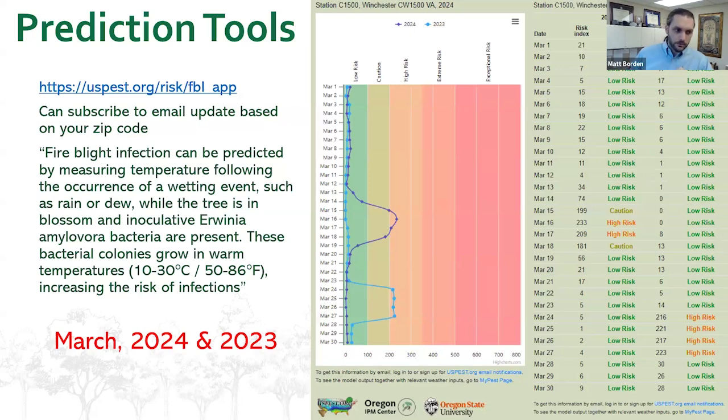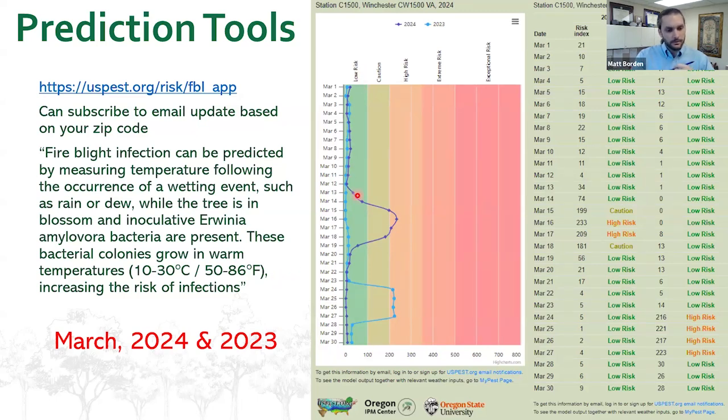So for example, I pulled up the chart for March of 2024 and 2023. So the dark bluish purple line here was the weather in 2024 and the light blue was 2023. So this is the infection period for fireblight specifically based on the kinds of environmental conditions it prefers and also bloom period, right?